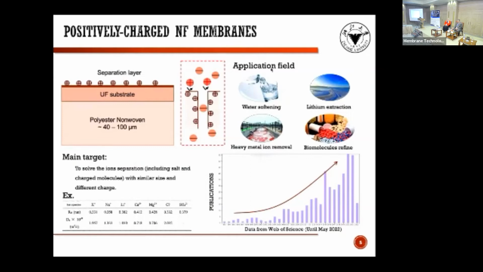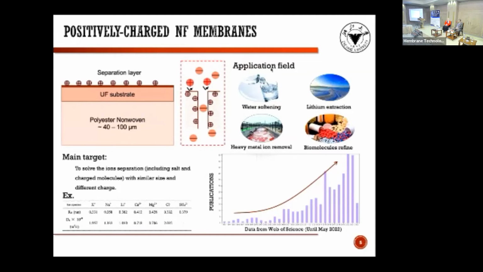With the Donnan exclusion effect, the positively charged surface shows high rejection towards calcium. Therefore, it is easy to solve the problem of systems with similar size but different charge density, for example monovalent and divalent ion separation. The ions show similar hydration radius, while the different charge density generates different repulsion force towards ions.